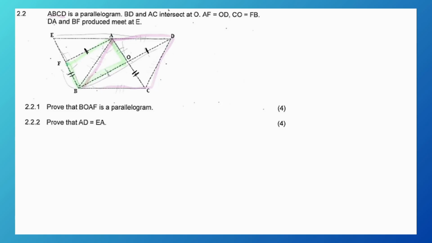From this being a parallelogram, you should be thinking that they gave you that information for a reason, but you should know that this and this are equal, and similarly those two are equal, because the diagonals of a parallelogram bisect one another. They told you it's a parallelogram, so we know this to be true. Now, this greenish one, they're asking you to prove it is a parallelogram.